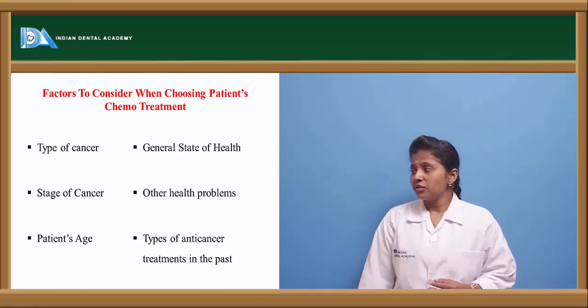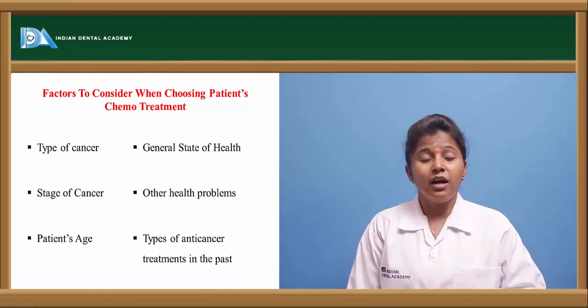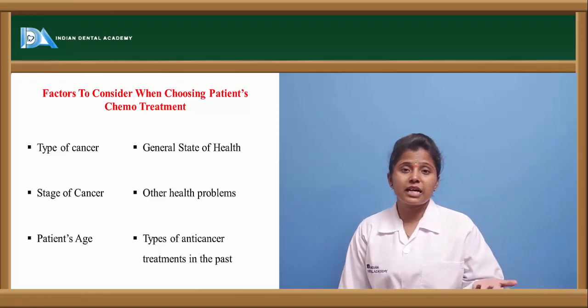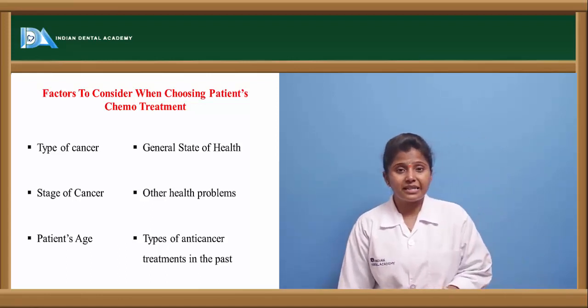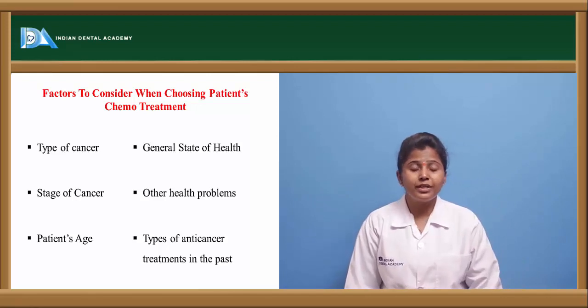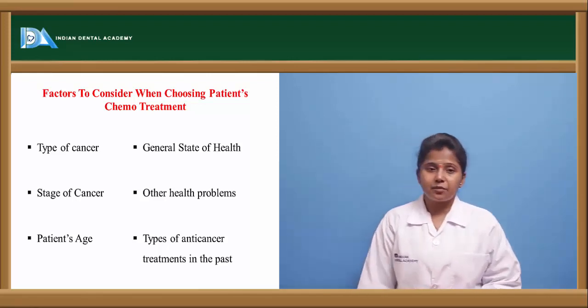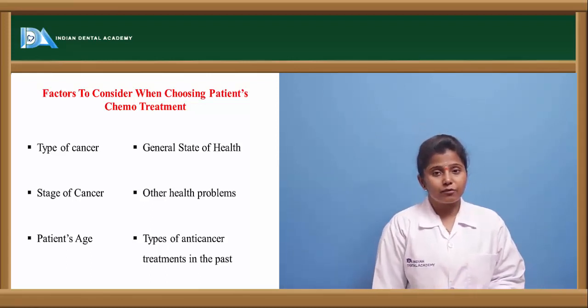The other one is the general state of health. If a person is suffering from cancer, whether he's suffering from only cancer or any other diseases, such as cardiovascular severity, renal failure or some CNS disorder, all these have to be considered while giving the treatment. The other one is other health problems. If there are any other health problems, as I told, these have to be considered.